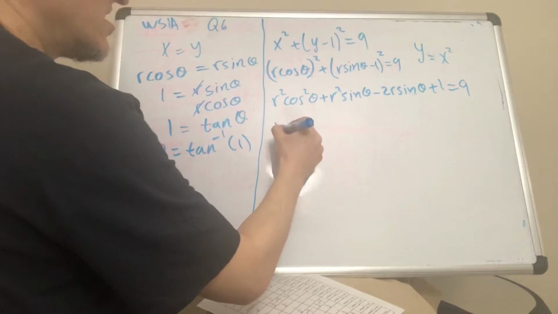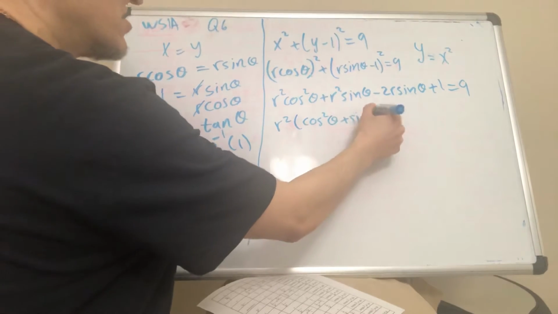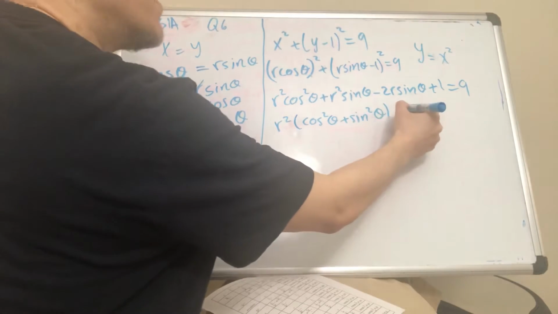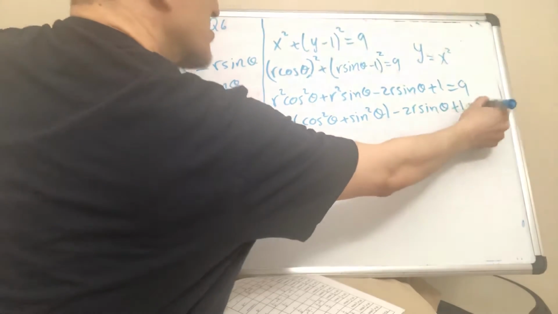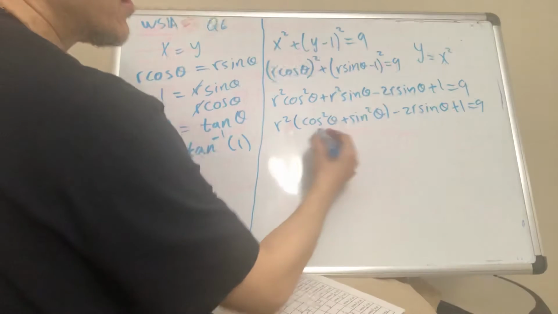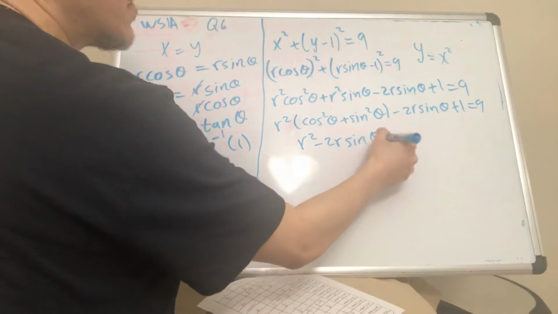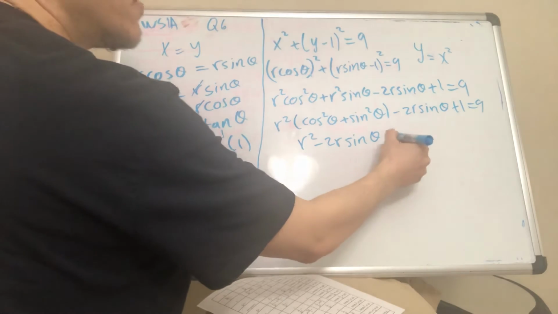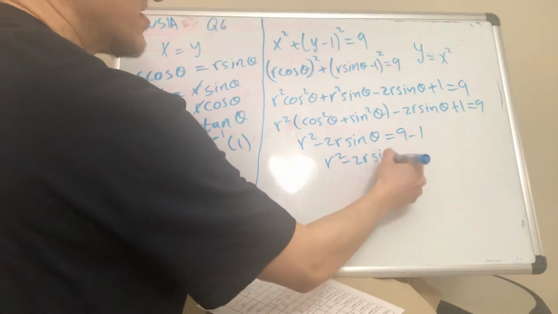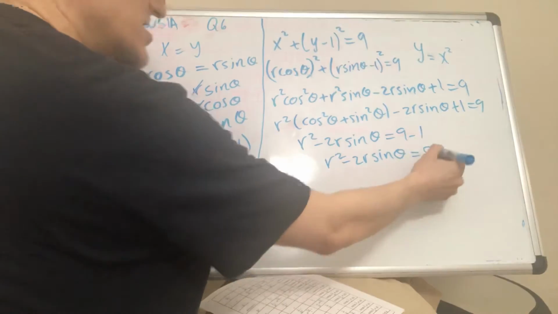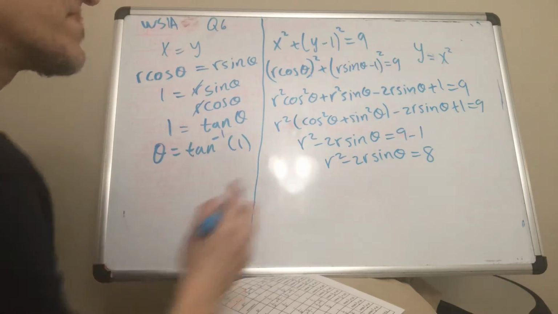If I take r squared as a common factor, I'll have cos squared plus sine squared, and here minus 2r sine theta plus 1 equals 9. We know this is 1, so r squared minus 2r sine theta, 9 minus 1. So you just say 2r sine theta equals 8. You can't really do anything more, so you just leave this as it is.